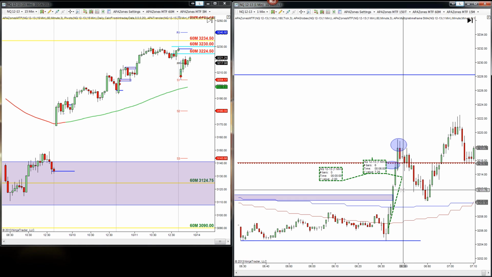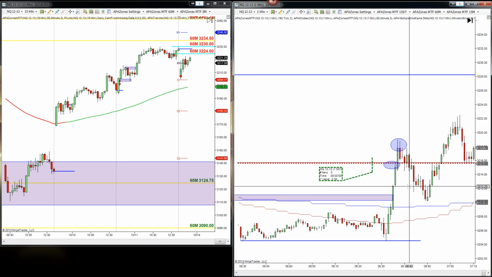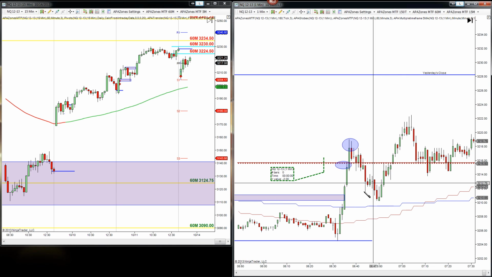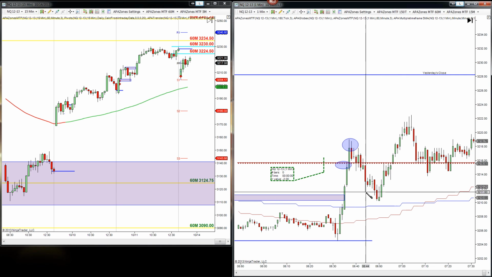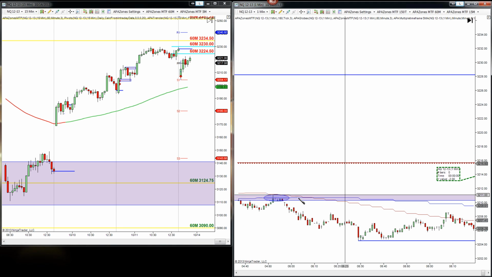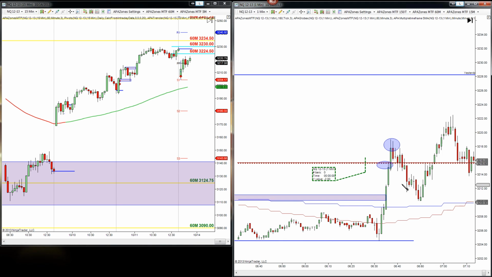Now, obviously I wasn't able to take that trade, so I took a trade here. I was looking at those previous highs, and that was pretty close. It gave that little double red bar engulfing, and I got a couple ticks, but it did get stopped out.